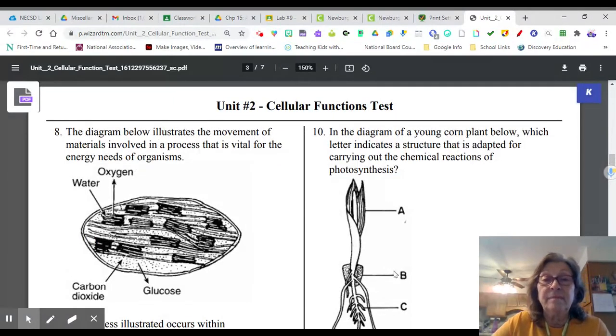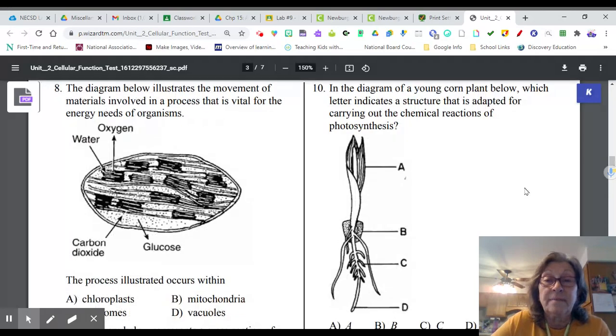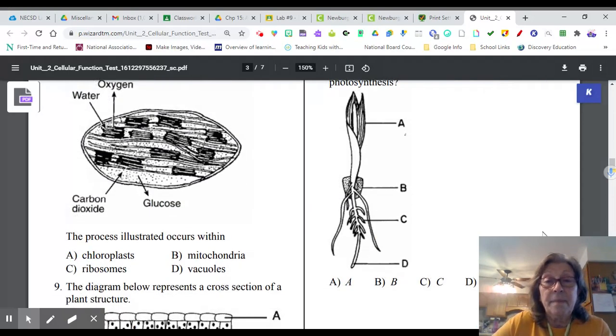Question number 10. In the diagram of a young corn plant below, which letter indicates a structure that is adapted for carrying out the chemical reactions of photosynthesis? Take note of A, B, C, and D. Select your response.